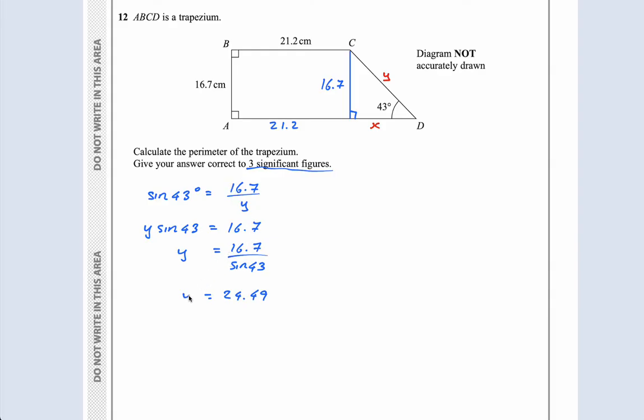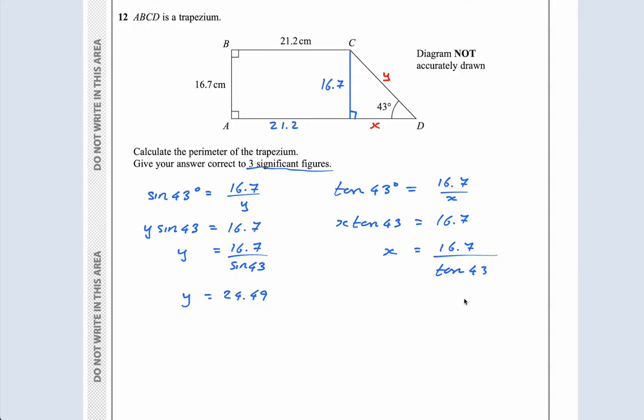So that's y. Now to get x, similar kind of thing, except we're going to use tan. So tan 43, tan because it's opposite and adjacent, TOA. Tan 43 is 16.7 over x. Same kind of thing here, guys. I'm going to multiply by x: x tan 43 equals 16.7, and then I'm going to divide by tan 43.